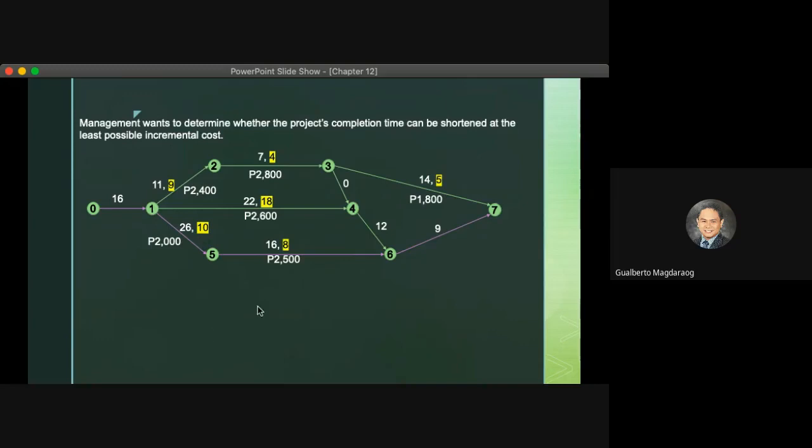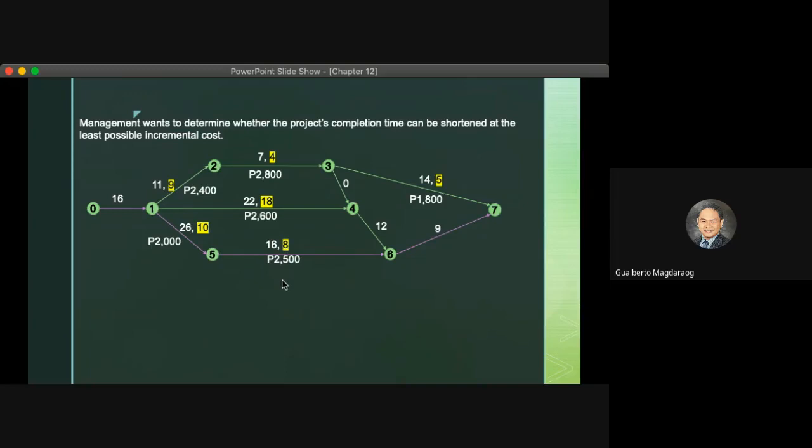Now, you might think that computing it by total, it seems like crashing 5 to 6 is less costly than crashing 1 to 5 for 2000 each, because that's 16 difference in time times 2000, comparing it to 8 times 25.